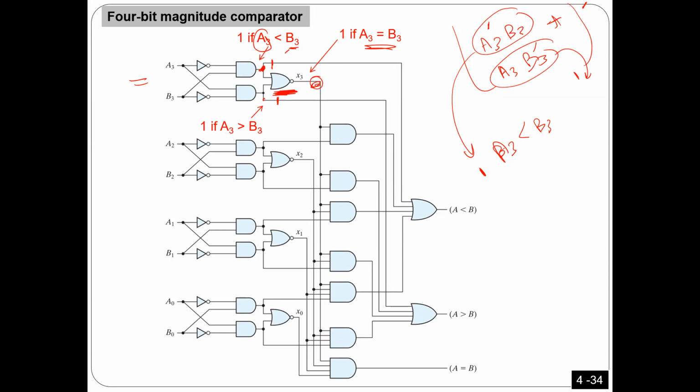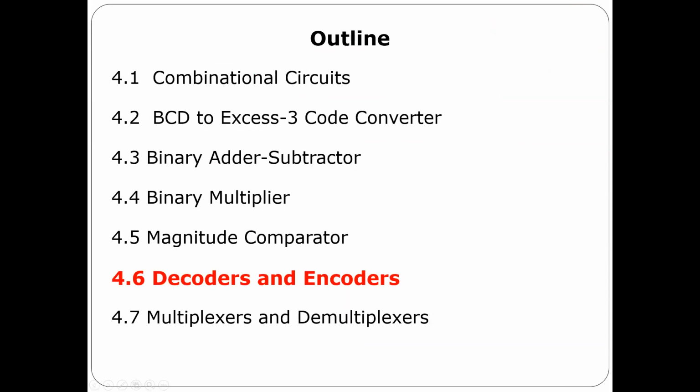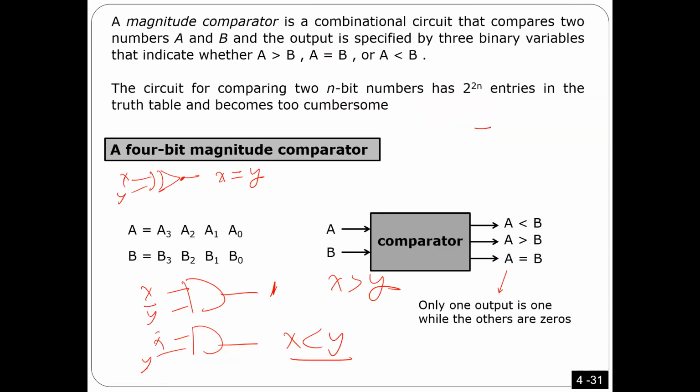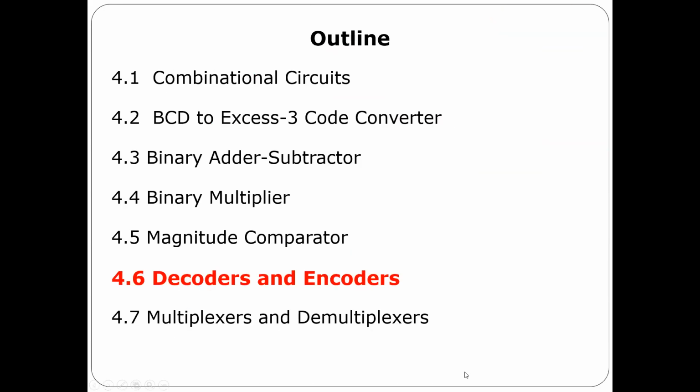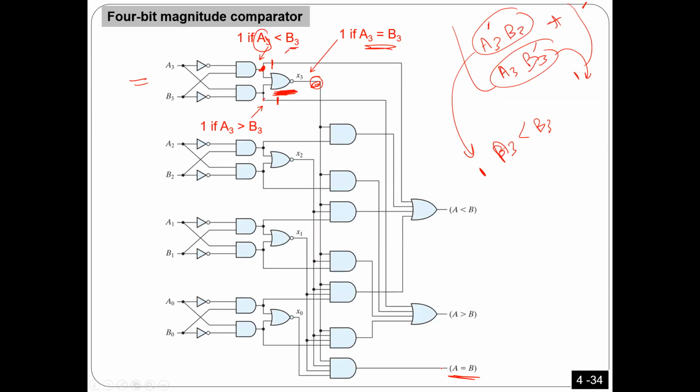Look. So let's start with equal here. In order to say A3 is equal to B3, that means all of the bits should be equal. Maybe the circuit looks complicated, but you can see here, I'm going to get this one and this one, because this one is 1 if these two bits are equal, and then I'm going to do an AND. That's exactly what I did here. I have one bit here for equal.